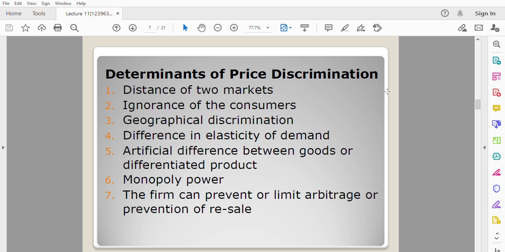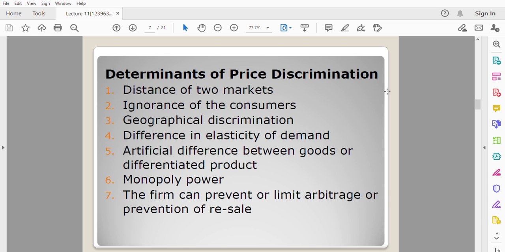Now, arbitrage: a commodity is being sold in, say, Ghana. If the commodity can be sent to another country and sold there, probably at a higher price, with all transaction costs catered for, and at the end of the day the person sending it from Ghana to the other country will gain, considering all transaction costs, then it's advisable to move such a commodity from this country and take it to the other country.